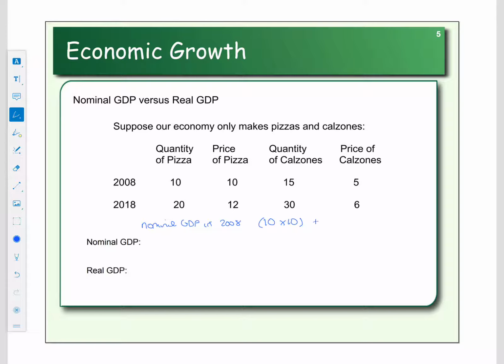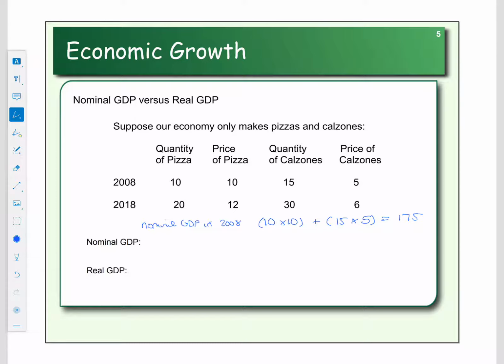We would then add to that the quantity of calzones in 2008 times the price of the calzones in 2008. So the nominal GDP in 2008 is $175.